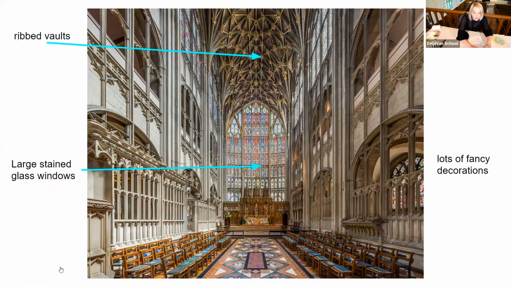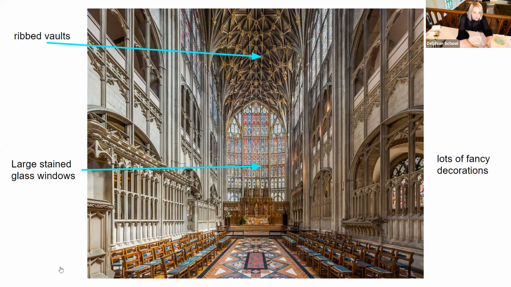Another distinctive thing about Gothic architecture is these big, giant, large stained glass windows. They would get really, really big, sometimes three or four stories tall. So big, giant arches or windows, and they would have stonework holding them together.